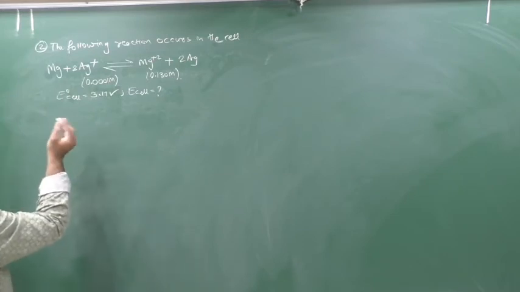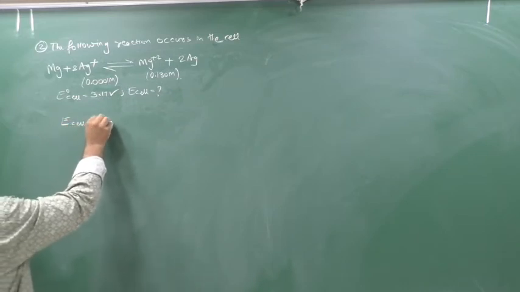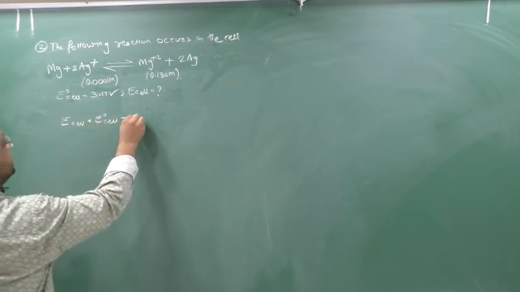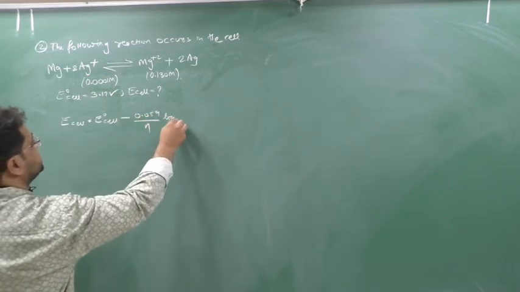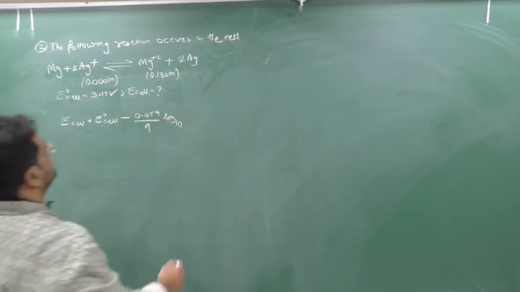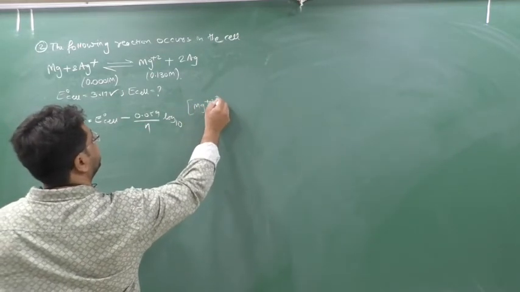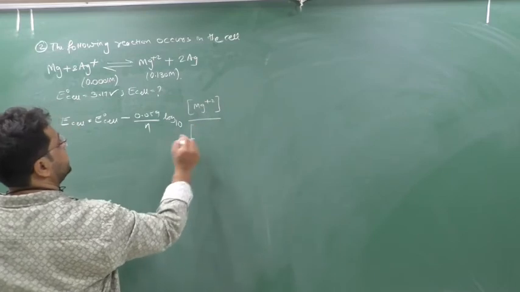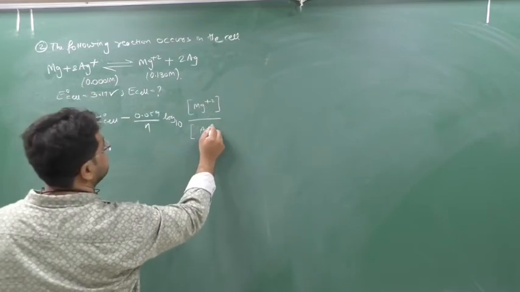Okay, so according to Nernst equation, E cell equal to E naught cell minus 0.059 upon n log to the base 10 concentration of product, that is Mg plus 2, upon concentration of reactant. Now, let us see in the reactant Ag plus is there, yes or no, and this Ag plus is having 2.